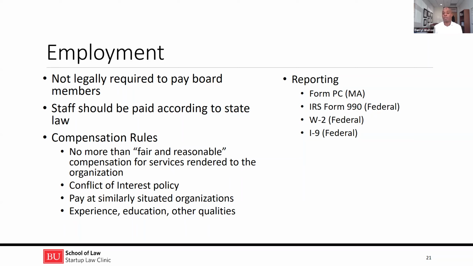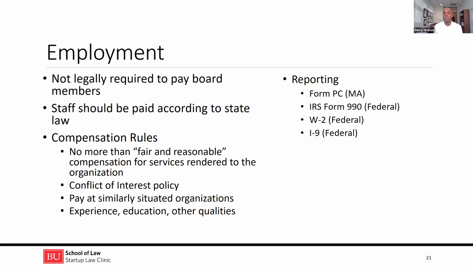Is how do we assess or identify the things that we do for our board, people who contribute a lot, but you're not legally required to. And there are considerations about why you may or may not want to pay board members, some of which is how that might look to the public, and thinking about the private benefit and private inurement limitations. But when it comes to staff, you should pay staff according to state law.